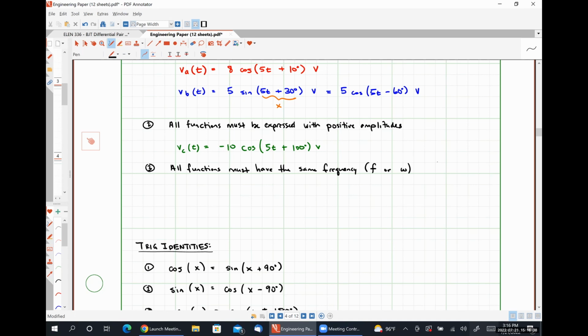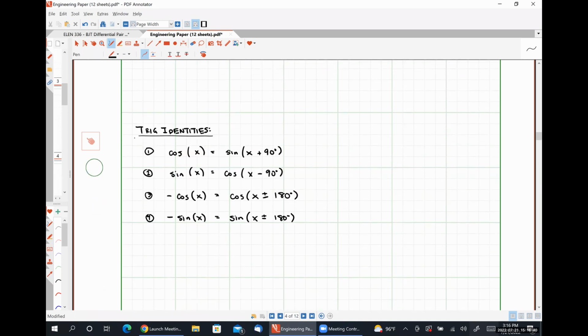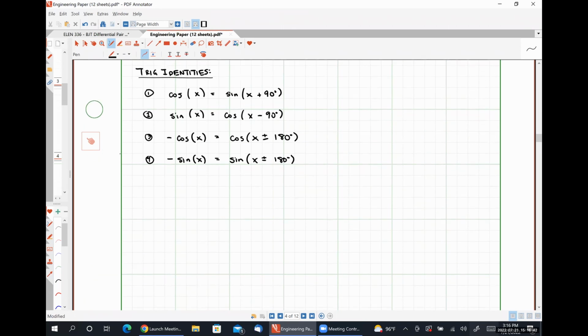So before we wrap things up today by talking about the concept of leading and lagging, I'm going to give you guys the other several trig identities that we need to have in our pocket in order to successfully manipulate these guys, okay? So we're not actually going to use numbers 5 through 9 until class on Monday, because today is Thursday, but I'm going to go ahead and give them to you now.